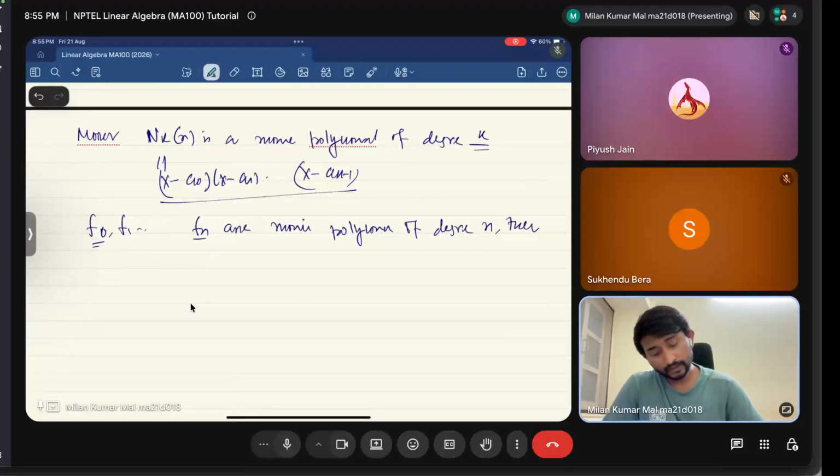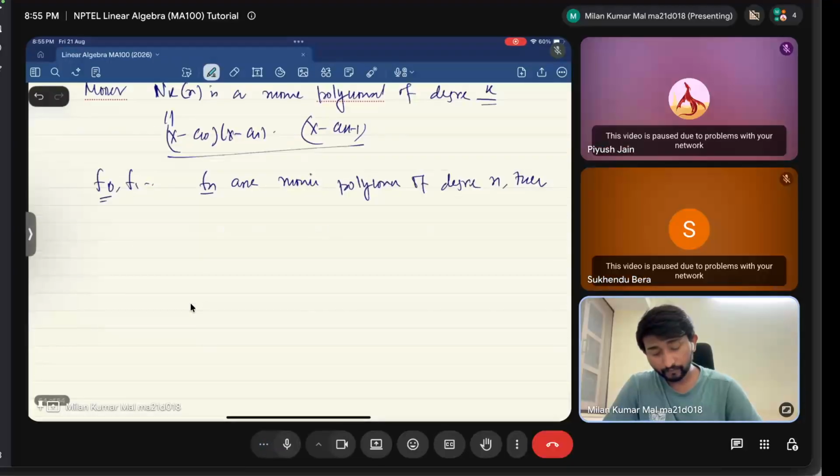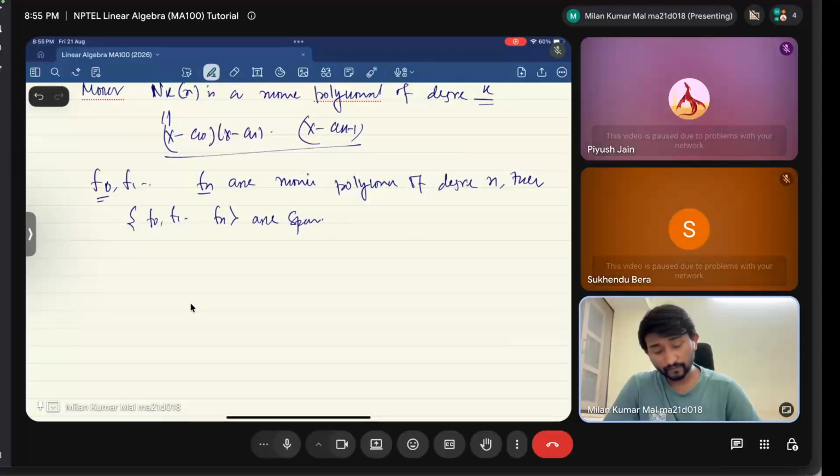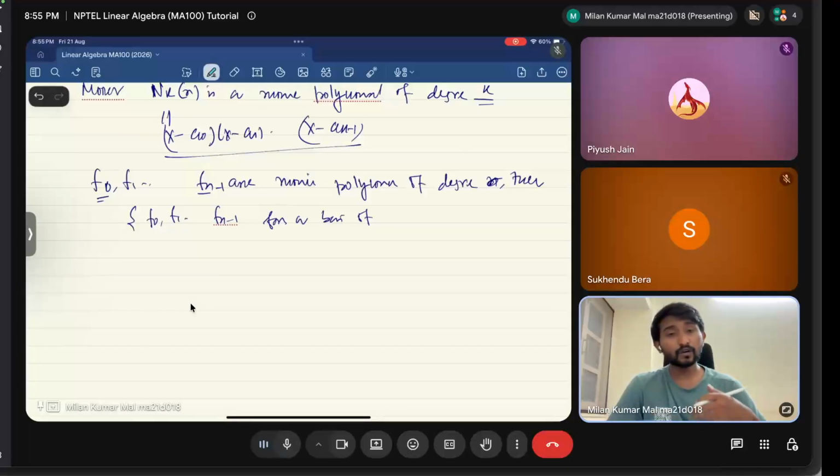Then these are a spanning set, basically this forms a basis. So each fi is a monic polynomial of that degree.